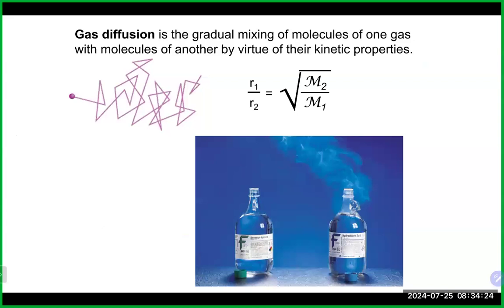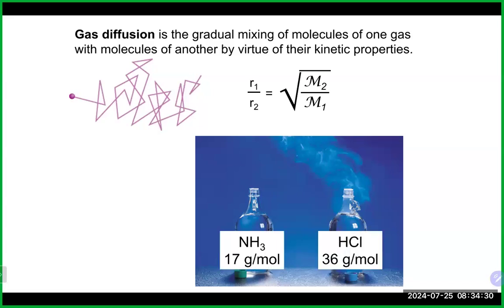So let's talk a little about some other properties of gases, and one is gas diffusion. We have two bottles here, for example, NH3 and HCl. When they come together, they will make ammonium chloride. Gas diffusion is the gradual mixing of molecules of one gas by another based on their kinetic properties.